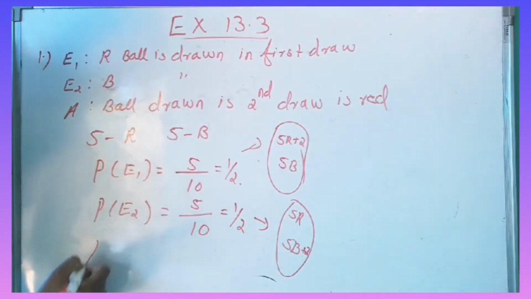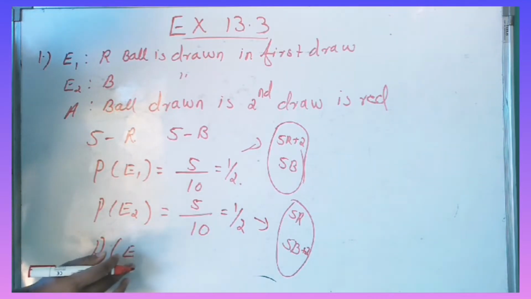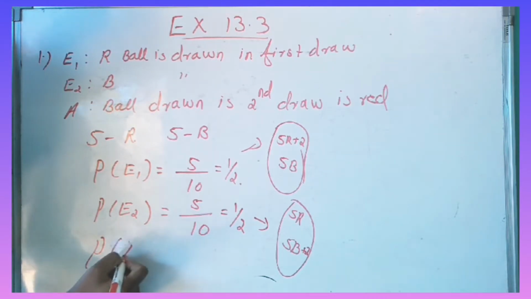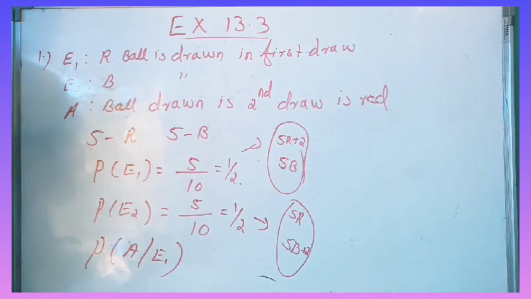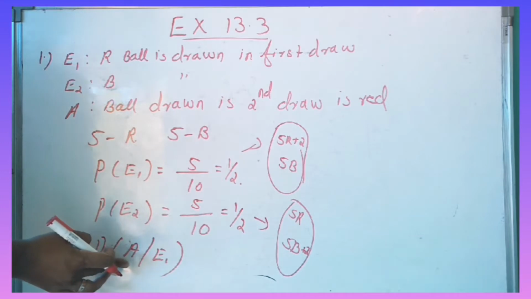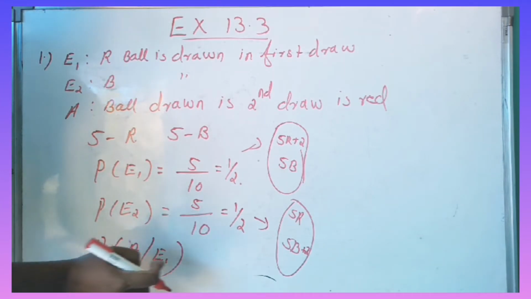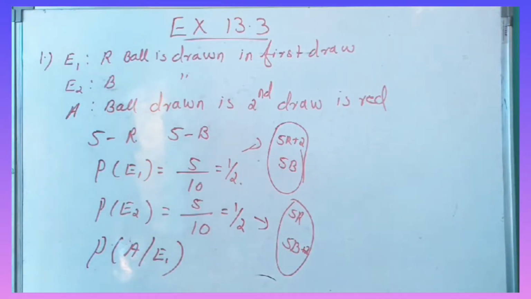Now what is our P of A given E1? That means the probability of getting a red ball in the second draw after the occurrence of E1. E1 has already happened.